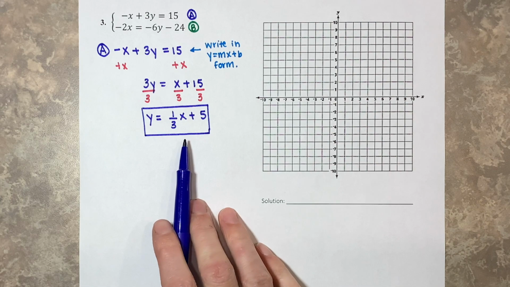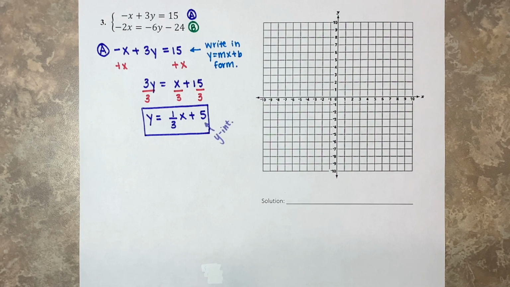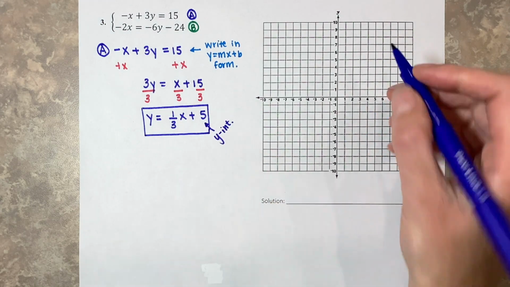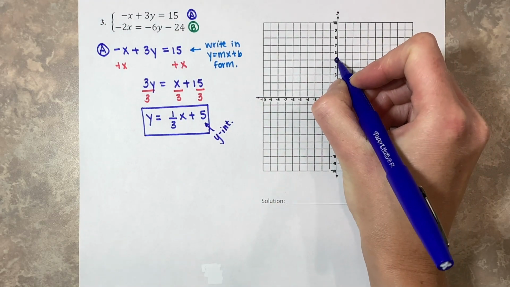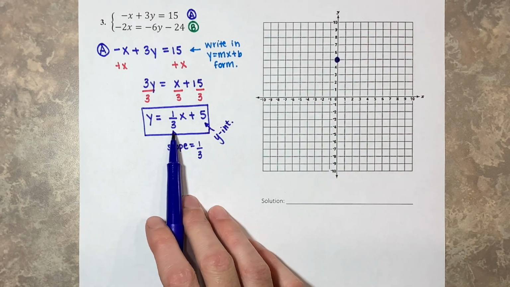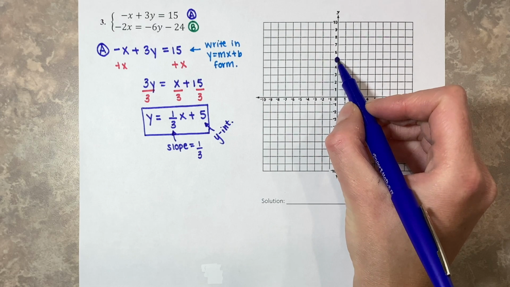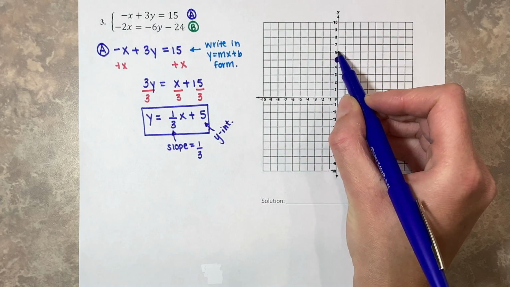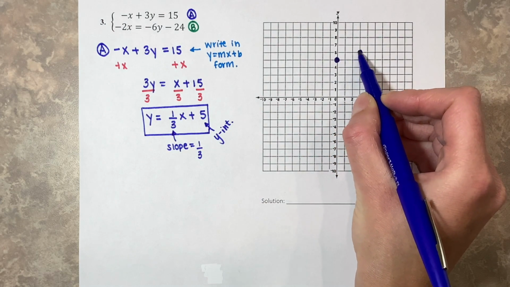Now that we've written our line in y equals mx plus b form, we'll start by identifying and plotting the y-intercept. The y-intercept is 5, so we'll find 5 on the y-axis, and we'll plot that y-intercept, and the slope is 1/3. So starting at our y-intercept, we'll plot the next point by counting up 1 and to the right 3.